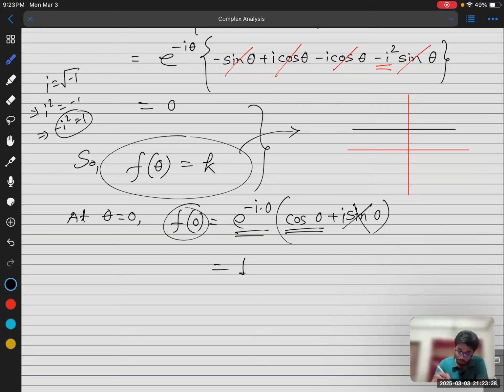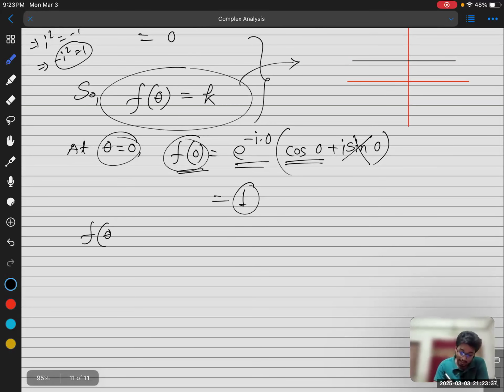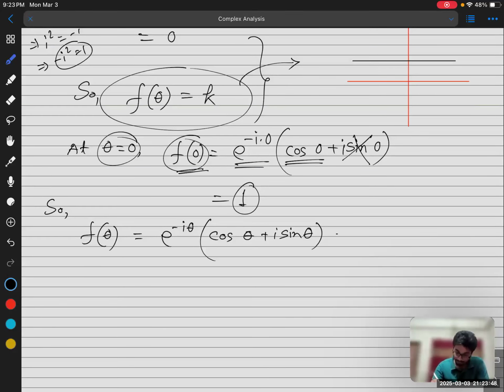Now, as we find that at θ equal to 0 the value of f(θ) is 1, we can obviously say that f(θ) = e^(-iθ) times (cos θ + i sin θ) is basically equal to 1. So from here we can find Euler's identity, that is e^(iθ) is equal to cos θ + i sin θ.